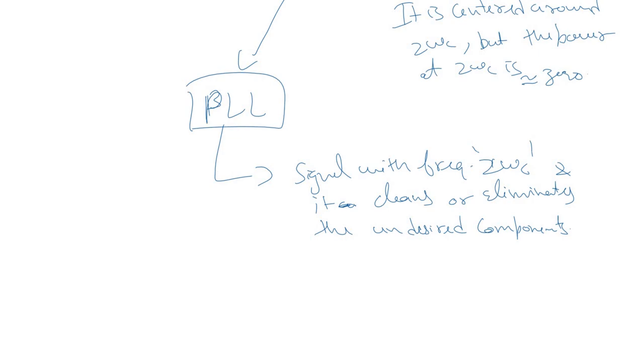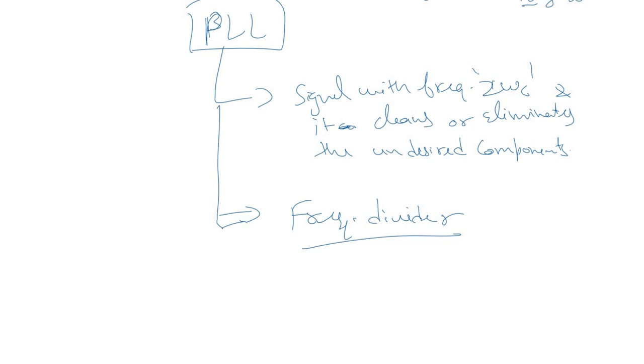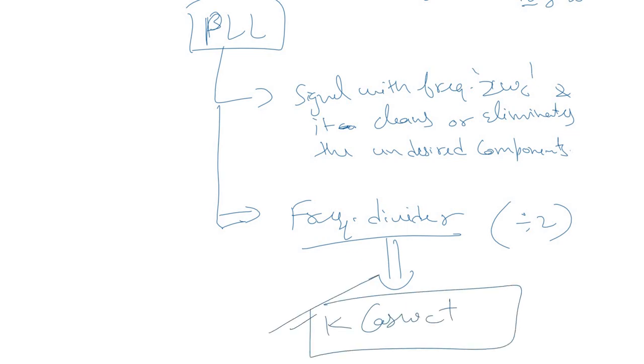And now this PLL output is further passed through your frequency divider circuit, and that will divide the frequency of the input signal by 2. We are using a 2:1 frequency divider circuit, and the resultant will be the signal k times cos omega ct, which is nothing but your regenerated carrier signal.